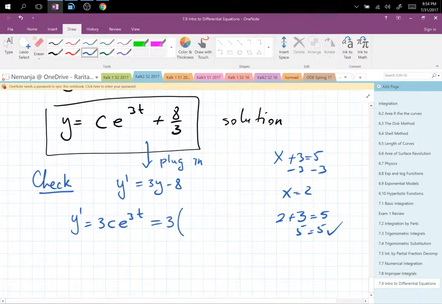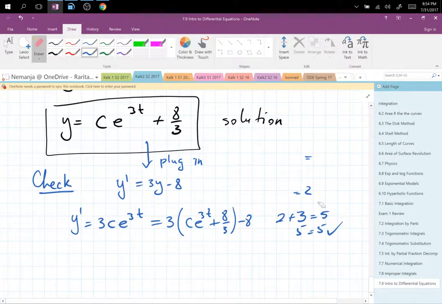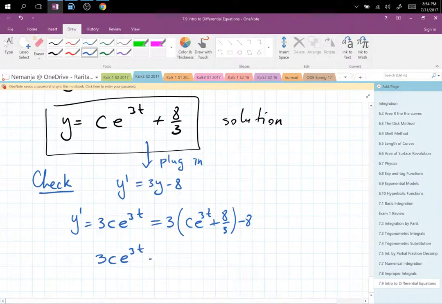Equals 3 times y, which is ce^3t plus 8 over 3, and then minus 8. So if this checks out, we're good. On the left hand side, I have 3ce^3t equals, distribute 3 now, 3ce^3t plus 3 and 3 will cancel, and then these 8's die, and left equals right.